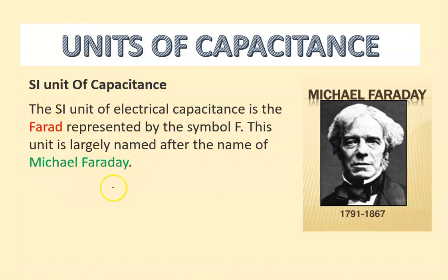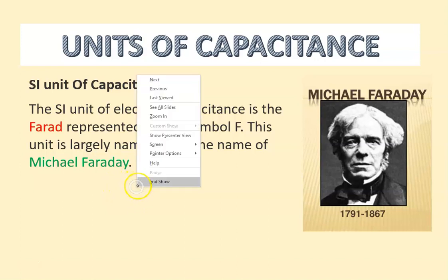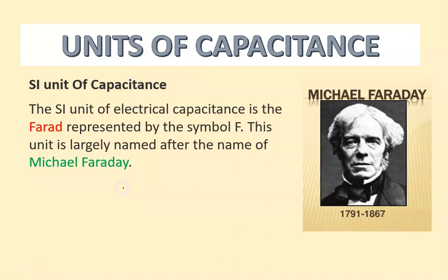Another unit of capacitance we can find from the relation Q is equal to CV. As we want to find the unit of C, from here C is equal to Q upon V, and the unit of charge is coulomb, and the unit of voltage is volt.